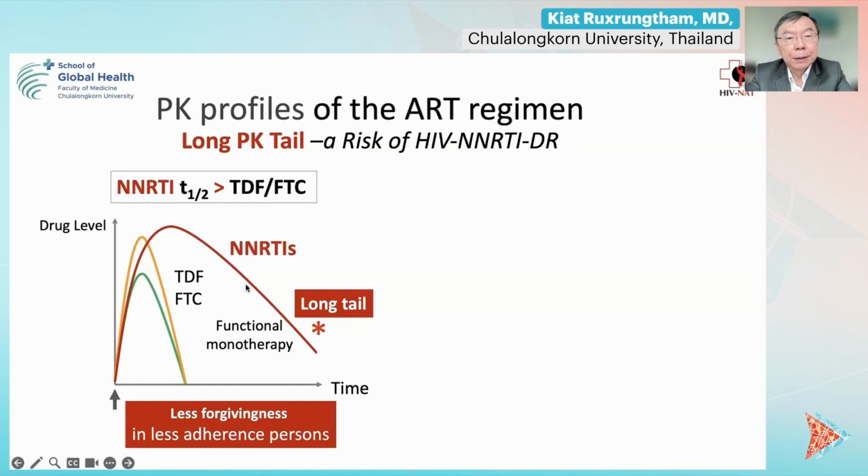In contrast, the NNRTI with the long pharmacokinetic tail will remain detectable in the blood and tissue for days or weeks, so that increases a higher risk of developing drug resistance because of the low genetic resistance barrier.